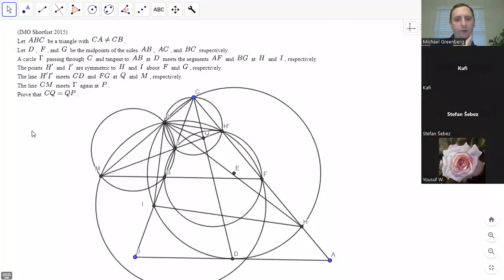Or maybe we just want to invert about an arbitrary circle. But we don't know that they are cyclic. We can't assume that. We must prove that they are cyclic, and then we can invert.